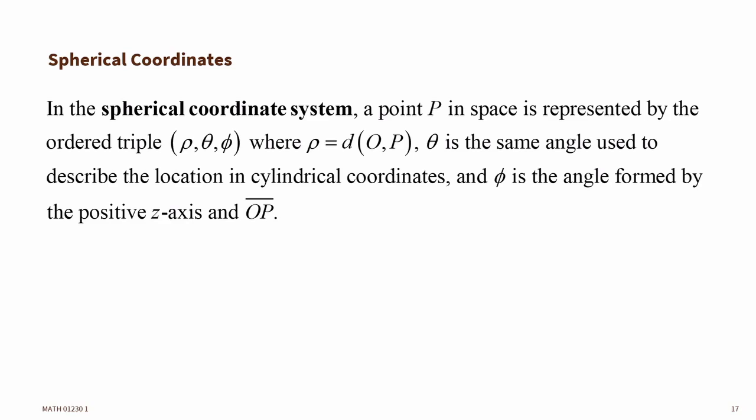In the spherical coordinate system, a point in space is now represented by the ordered triple rho, theta, phi. Rho is the distance from the origin to the point. Theta is the same angle that is used in cylindrical coordinates. Phi is the angle formed by the positive z-axis and the line segment OP.